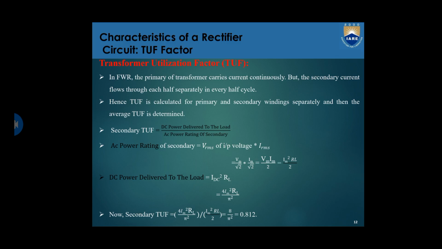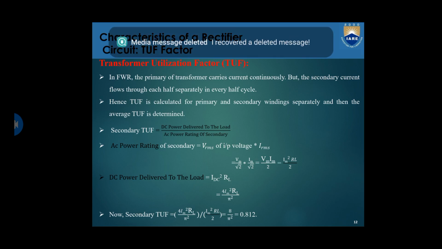As we know, power P is equal to V into I. So the AC power rating will be VRMS into IRMS, which equals Vm by root 2 into Im by root 2, which gives Vm Im by 2, which is equal to Im square RL by 2. This is the derivation for the AC power rating.